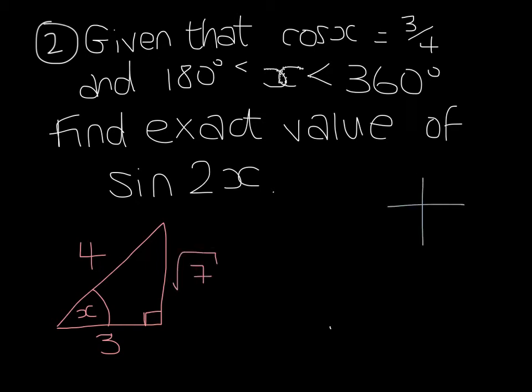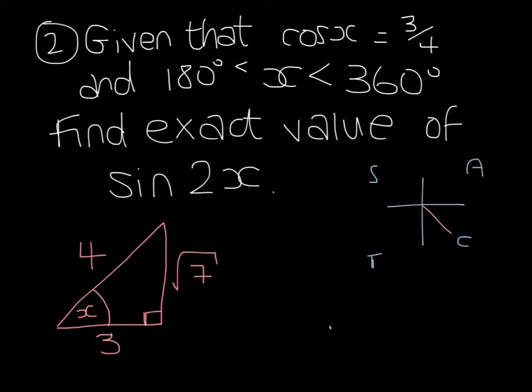Thinking about what size our angle is, it's between 180 and 360, so somewhere down here. We also know the cosine of it is positive, so it must be in this quadrant. Our angle must be bigger than 270 but less than 360, so cosine's positive, but sine and tan are both negative.